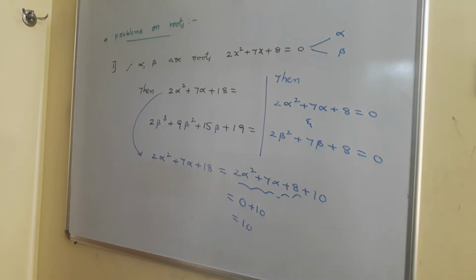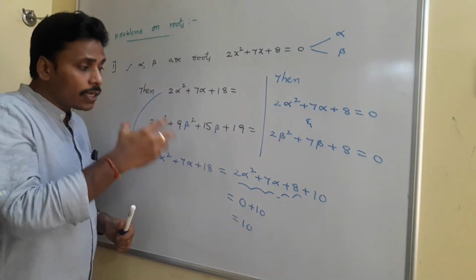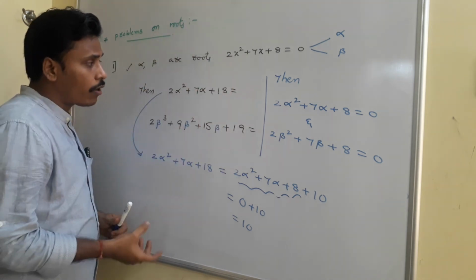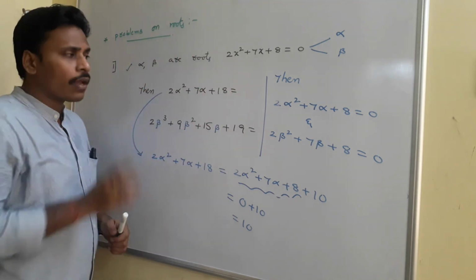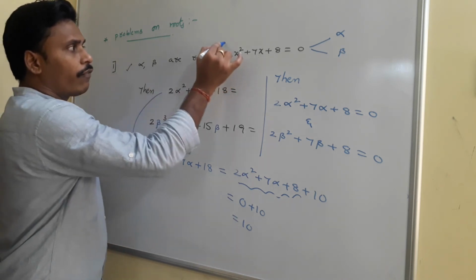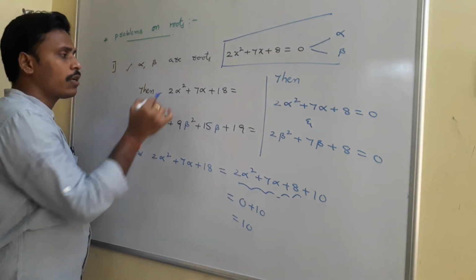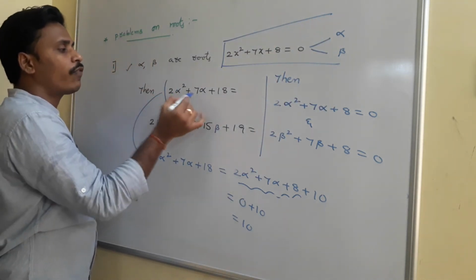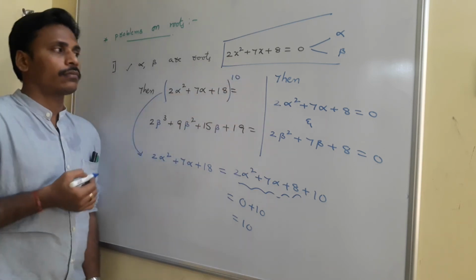Some of you will try to find this value by finding the values of alpha. See, finding values of alpha and then finding this value is somewhat typical. For suppose they may ask you like this: for this equation, alpha and beta are the roots, and now my question is, what is the value of 2 alpha square plus 7 alpha plus 18 to the power 10?